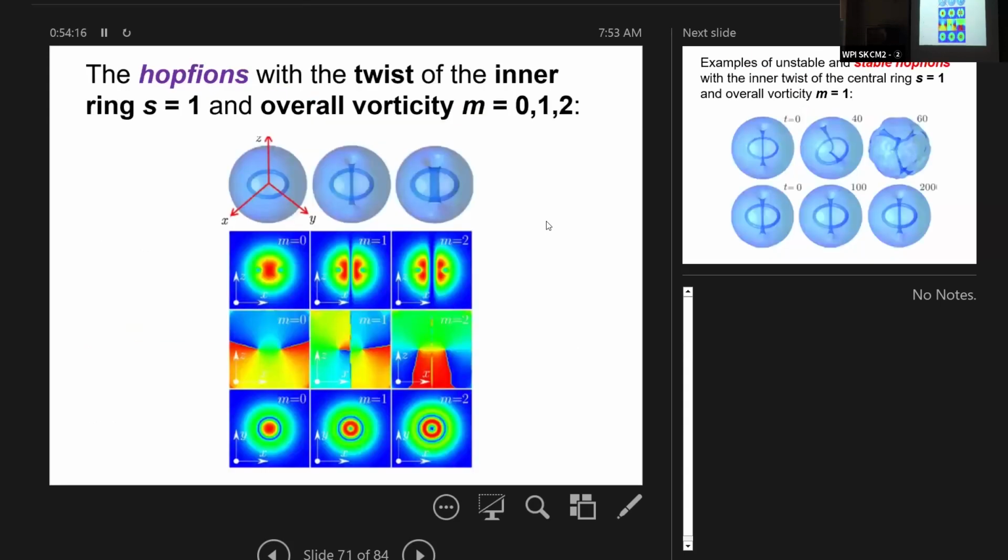So this is an illustration of the distribution of the density in such an object. Here, this is a Hopfion when the vorticity is equal to 0, but nevertheless this object exists without vorticity because the intrinsic twist S is 1. In all these three cases, the intrinsic twist is 1. Here vorticity is 0, here vorticity 1, so we have this central axis, and here vorticity 2, where the central axis is thicker.